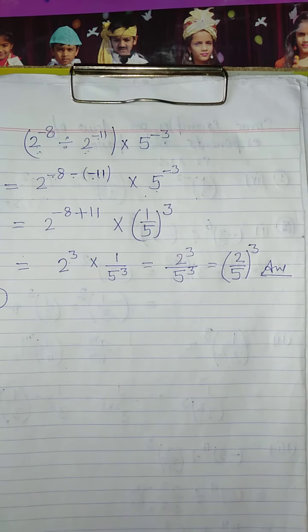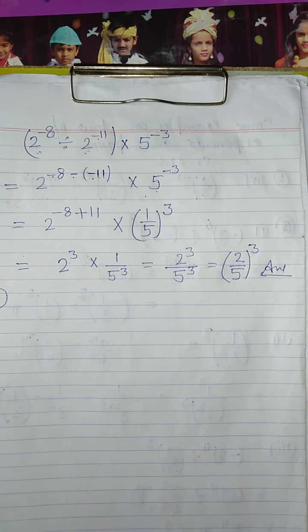Number 1, in this one, when you will see your page, you have given already 3 power minus 1 plus 4 power minus 1, this is in bracket multiply by 3 power 2, right?